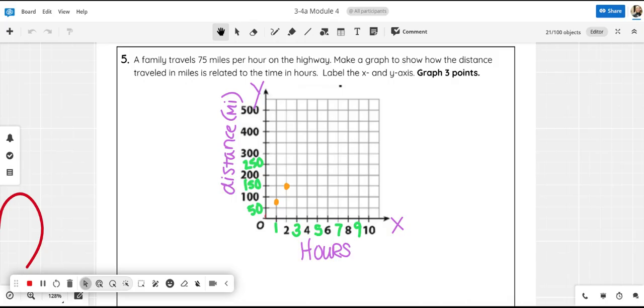Notice it says 3 points, so I need one more. So there's a couple more I could do. If I go up 75 more, I'd be at 225. 75 more, 300. I'm doing more than 3, which is okay. And you can also do 0, because after 0 hours have passed, you've traveled 0 miles. And I'm going to continue these with a straight line.